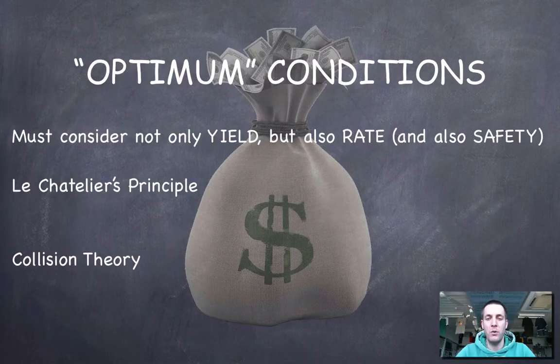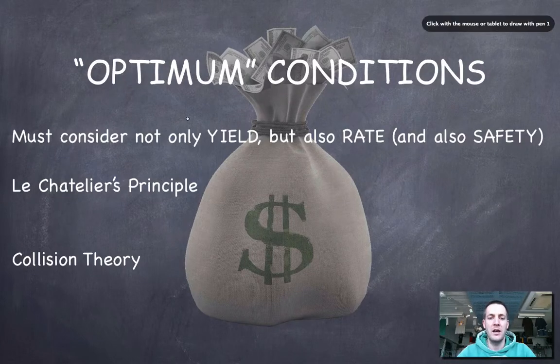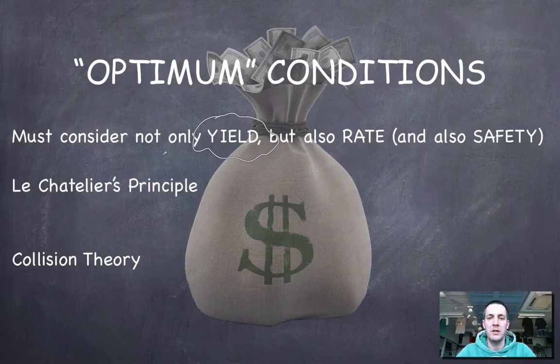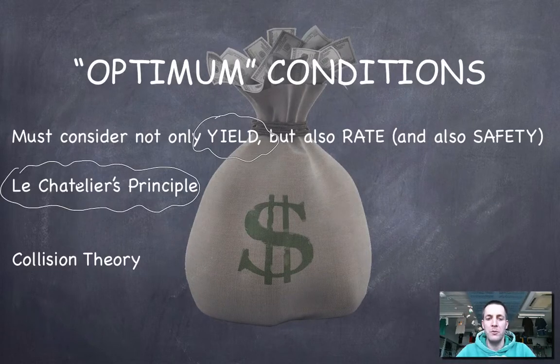Now, if you think about what this means for you in your IB exam, then you're going to be trying to explain why the conditions are chosen. And if you're going to be trying to refer to the yield, then you're going to be talking about Le Chatelier's principle. But if you want to be talking about rate, then you're going to need to refer to collision theory.